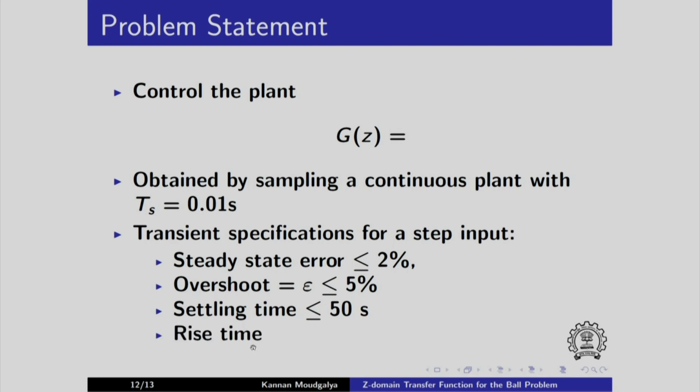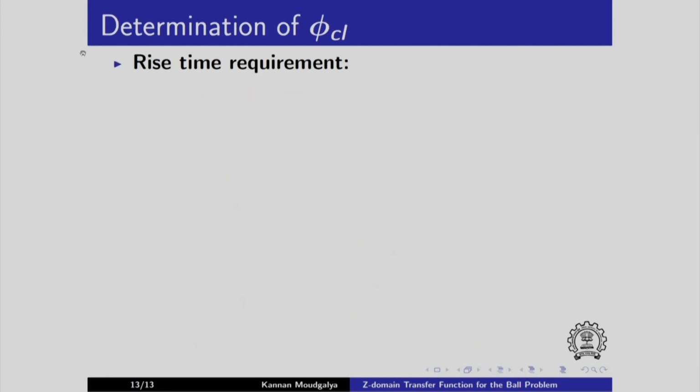The rise time unfortunately is not specified, so we will make a guess. We will guess it to be about 1/3 of the settling time. So we guess it to be about 0.15 seconds. Now with that, we will determine our polynomial phi CL.